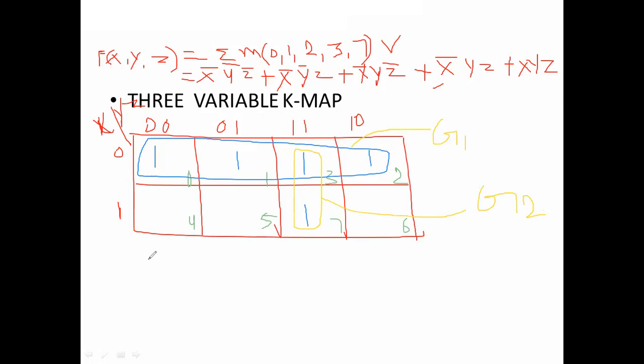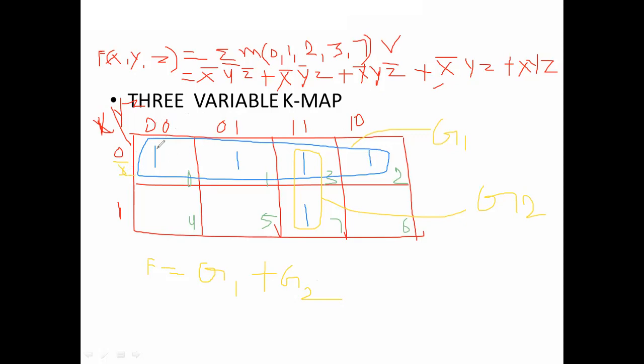Now the function, the simplified expression, is equal to group 1 plus group 2. Now see the expression for group 1. In this group 1, what is the x value? 0, 0, that means x bar. What about the yz values here?